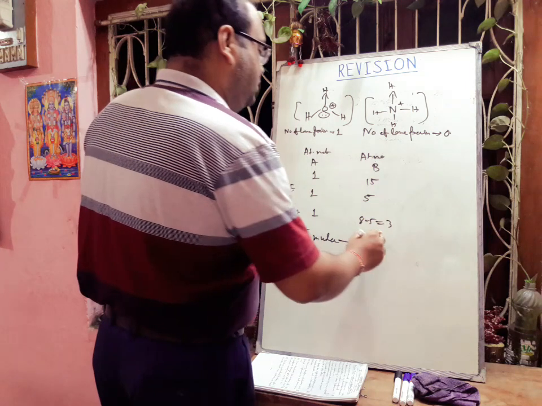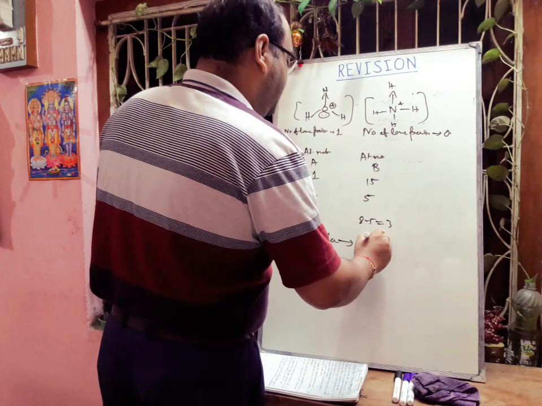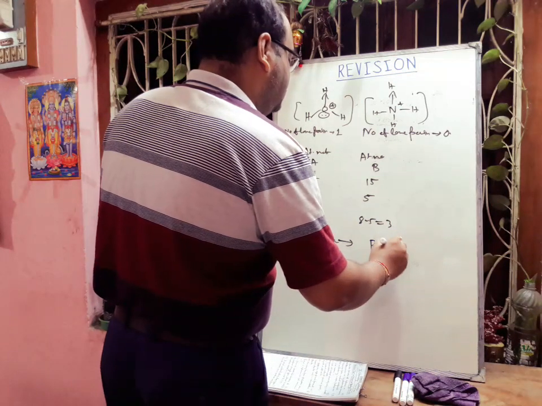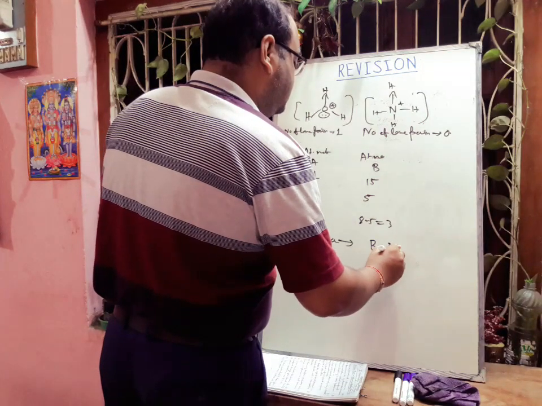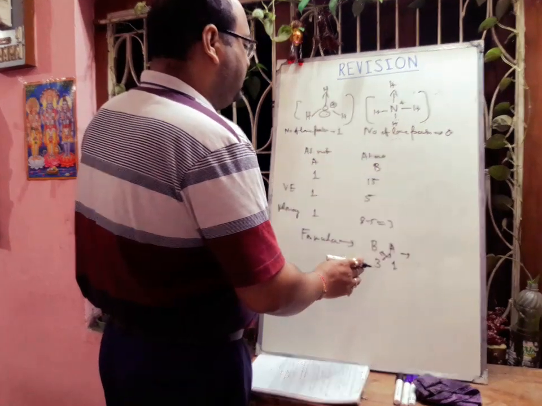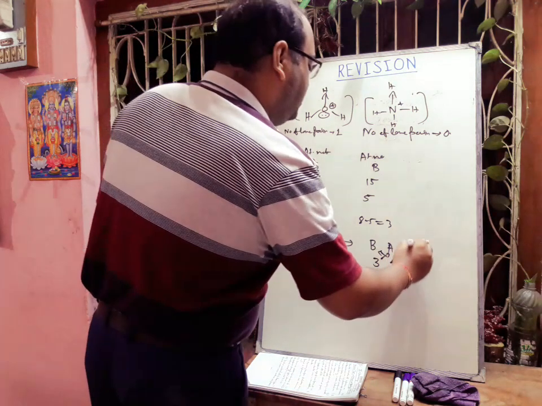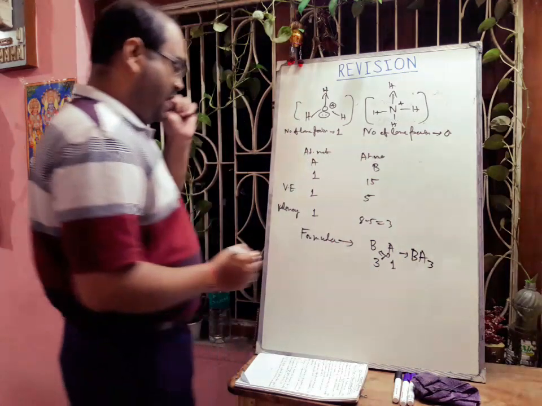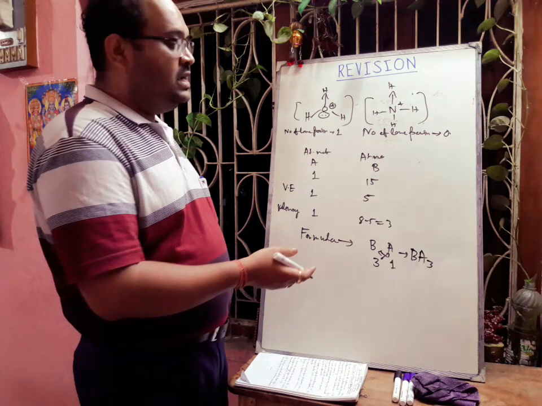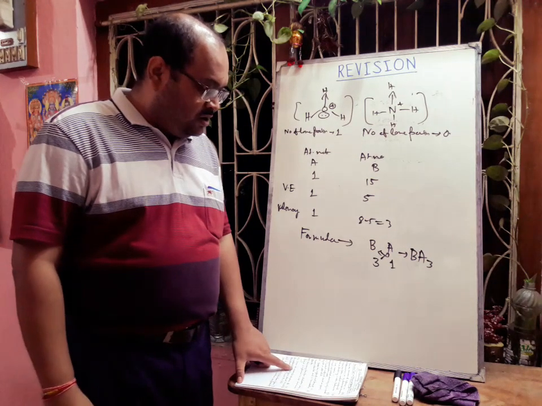First we write B: the valency of B is 3 and the valency of A is 1. So the formula will be BA3. Actually this compound is nothing but PH3, but you should not write PH3 or phosphine gas. You have to write in this way. Then you have to draw the electron dot structure.